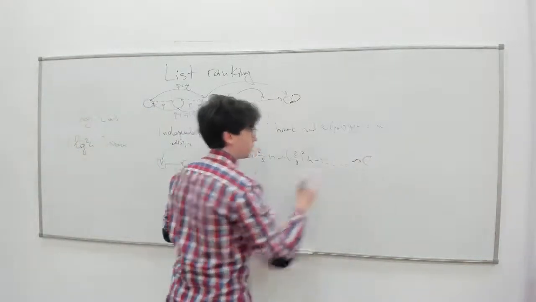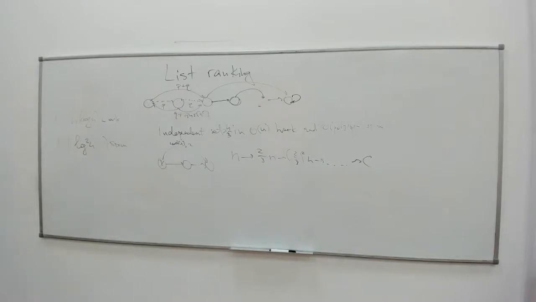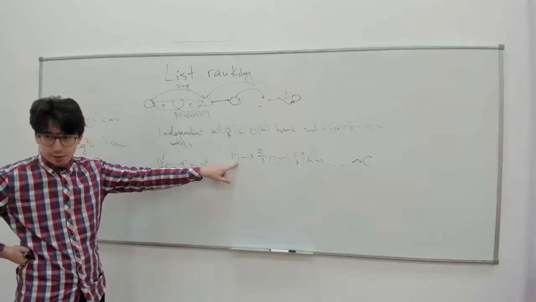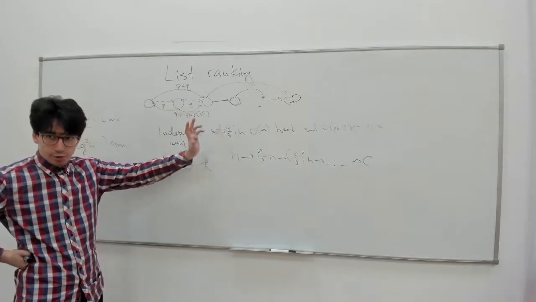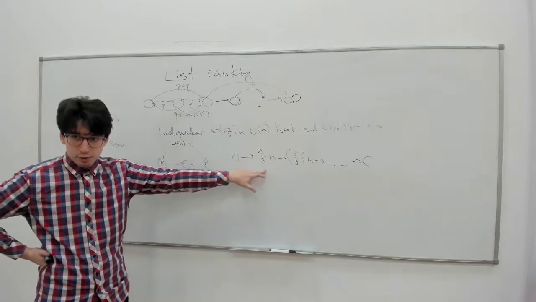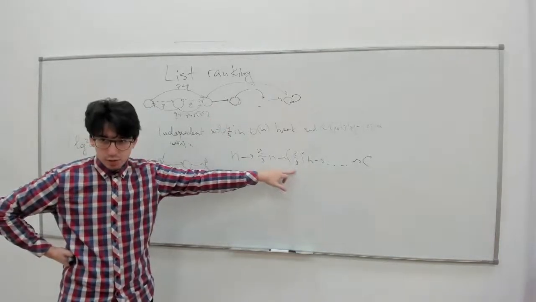It seems you are trying to calculate span, not work. No, I'm trying to calculate work. In the first level, you run symmetry breaking on n elements, throw away n/3, and are left with 2/3 n elements. Then you run symmetry breaking on that, throw away bad elements, and so on.